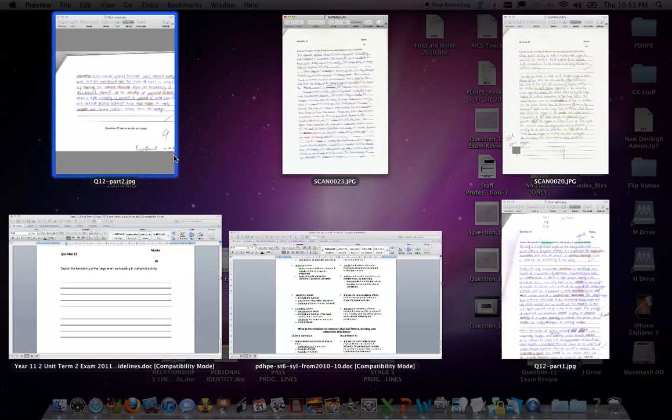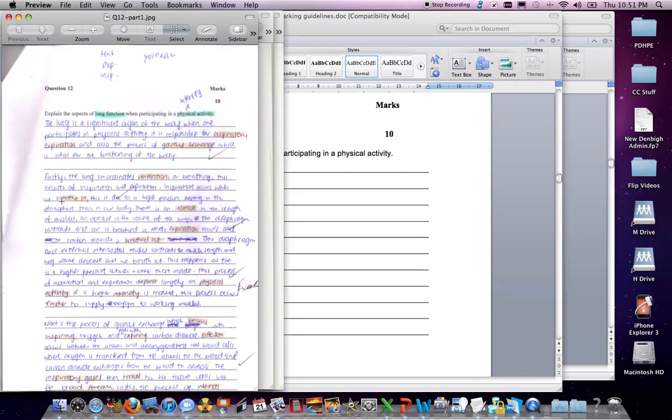In the following question here, again, we can see good understanding of gaseous exchange, inspiration, expiration, talking about breathing in, breathing out, so they understand that the gases are moved and exchanged through this process.